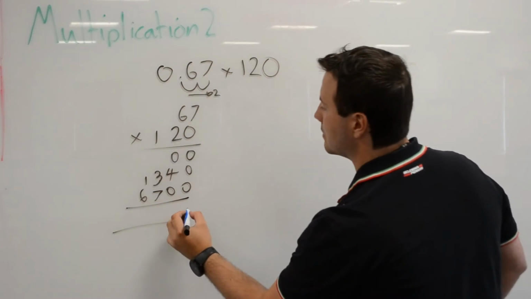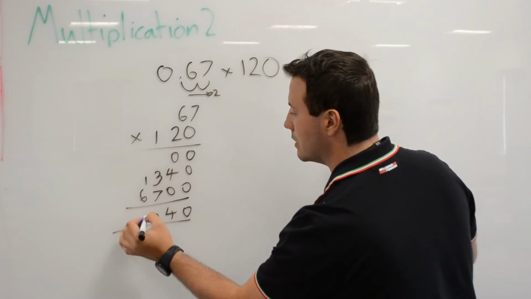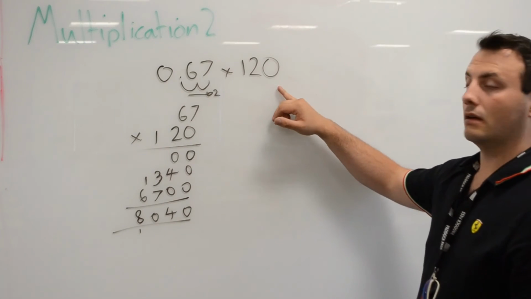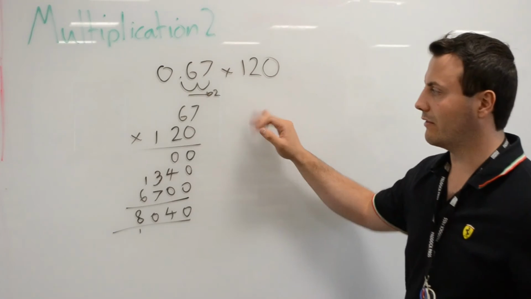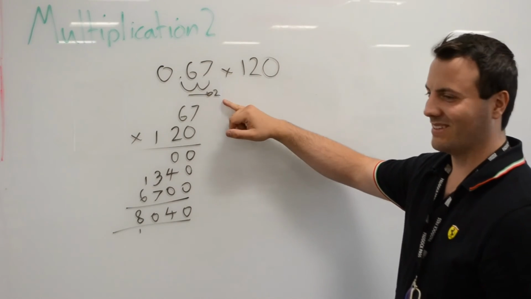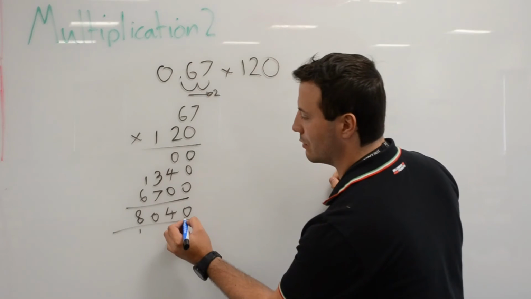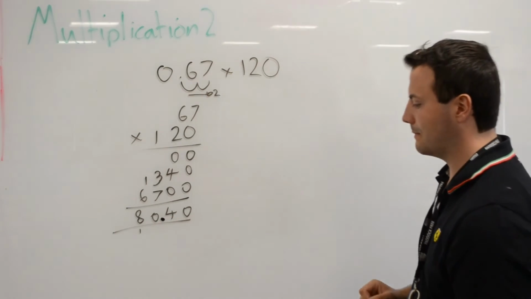Adding these together, 0, 4, 0, 8. 8,040. Before we go on to the alternative, don't forget the fact we moved this 2 decimal places to the right, so therefore we have to move the decimal point 2 places to the left. 80.4 is our answer.